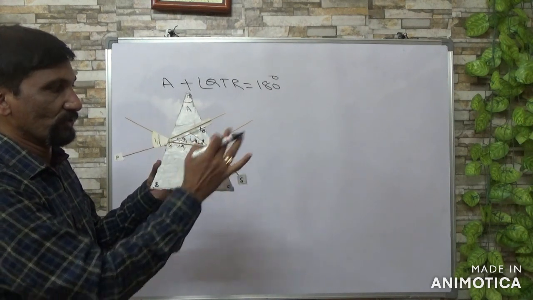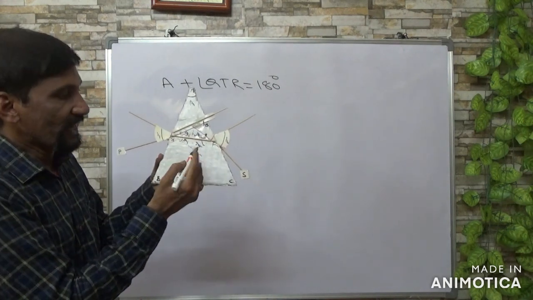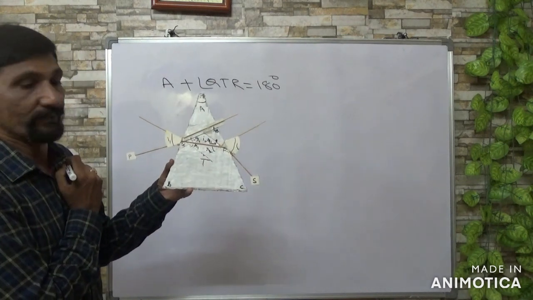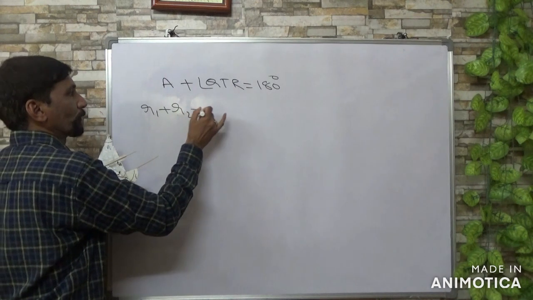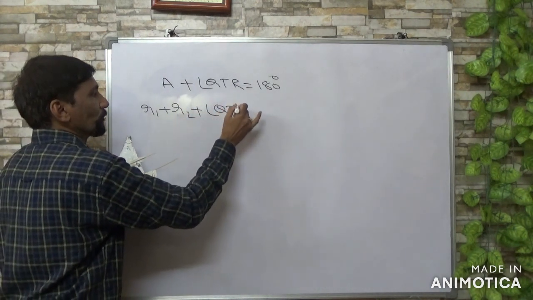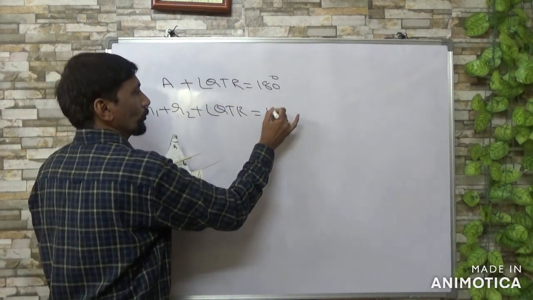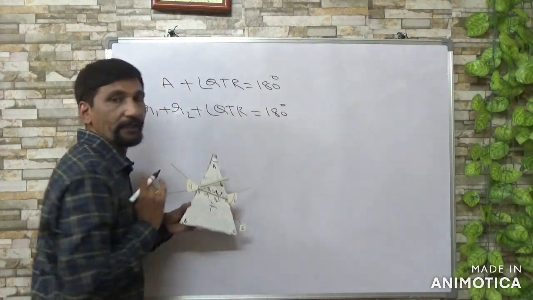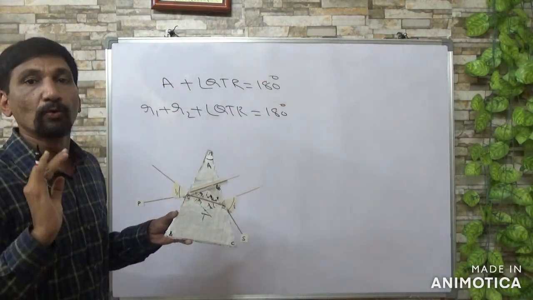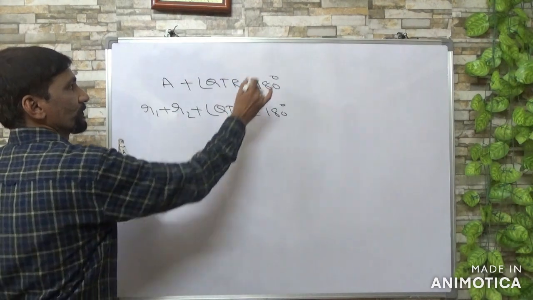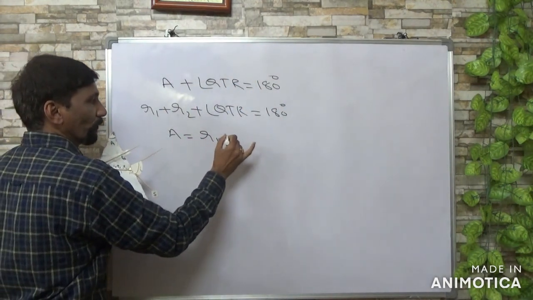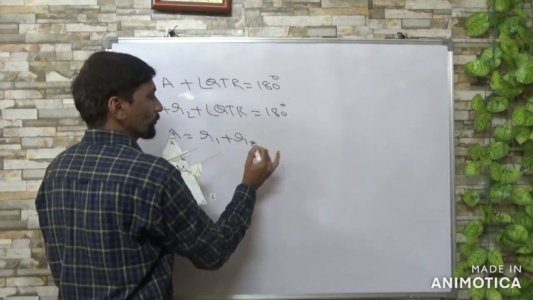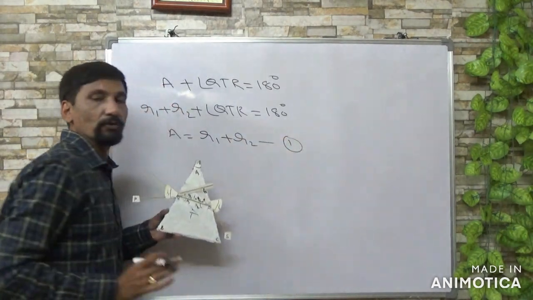This is one normal and this is another normal, intersecting at a point T. So R1 plus R2 plus QTR equals 180 degrees. Now you compare: A equals R1 plus R2, say equation 1.